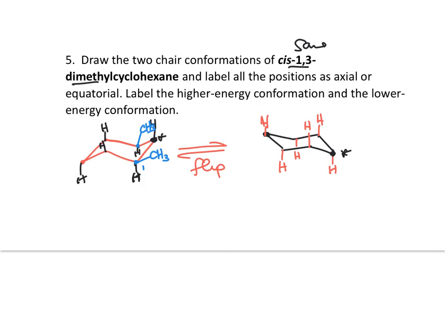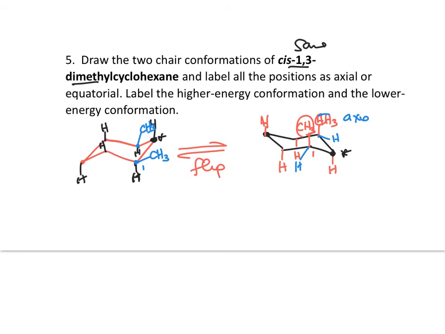And so this would be axial, and so now this would be CH3. So this one's CH3, see that? And that's 1, and then 3 would be CH3. And then your hydrogens would be equatorial down.